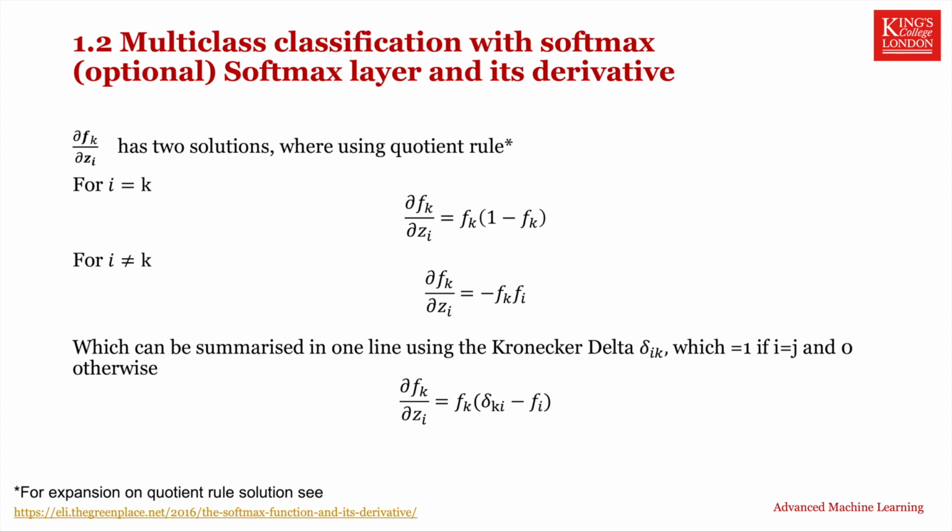So if i equals k, the expression reduces to the i equals k case because the delta becomes a 1. And if i doesn't equal k, then delta will equal 0 and the expression will reduce to minus fk fi.